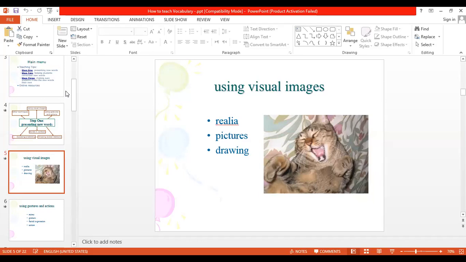That's why it's very easy not to use Arabic, but just use a visual image. If you cannot draw well, if you don't have a lot of pictures or realia or flashcards, actually you can open the book and just point at the picture, because for the younger students, most of the book pages have a lot of pictures. So you can just point at it.